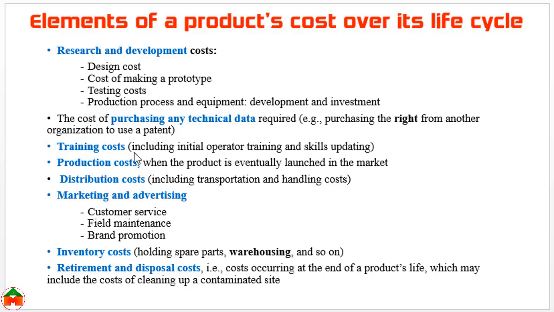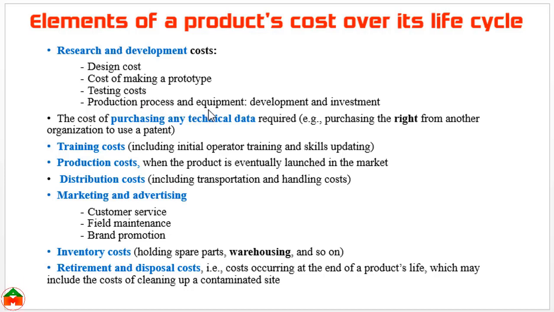Elements of a product's cost over the life cycle. I mean, these are the costs which incur throughout the life cycle of a product. We can see research and development cost. Under this R&D cost, we have to spend design cost, cost of making a prototype, testing cost, production process, and equipment.